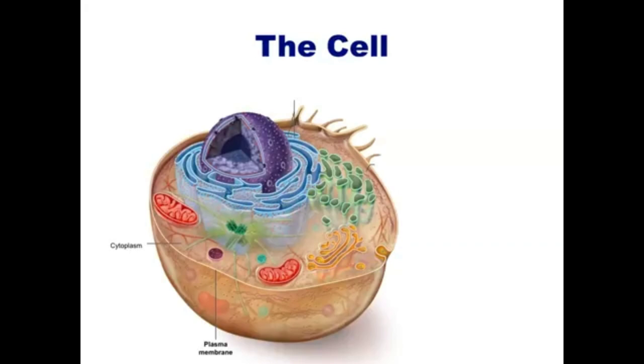All of this area, all of this intracellular fluid, is enclosed by the plasma membrane, which defines the boundary between the inside of the cell and the outside of the cell, much the same way that our skin defines the outside of our bodies and the inside of our bodies.